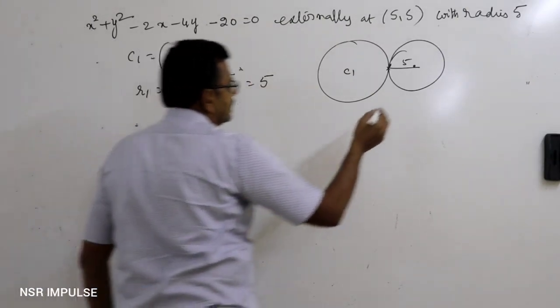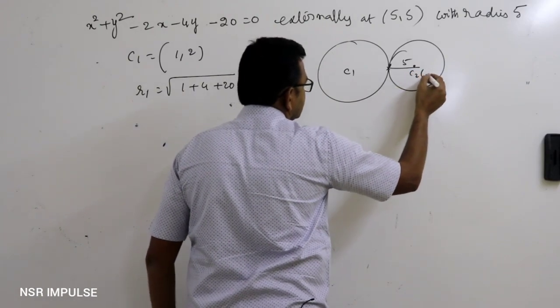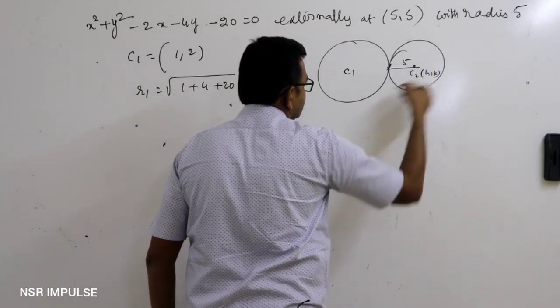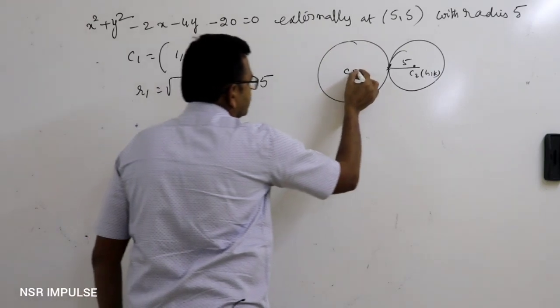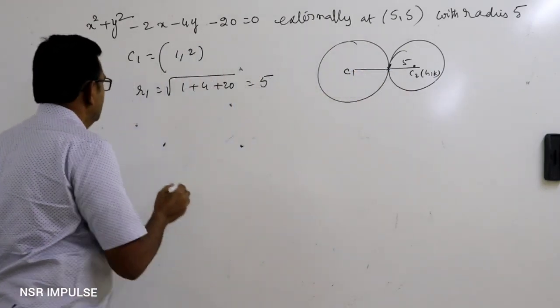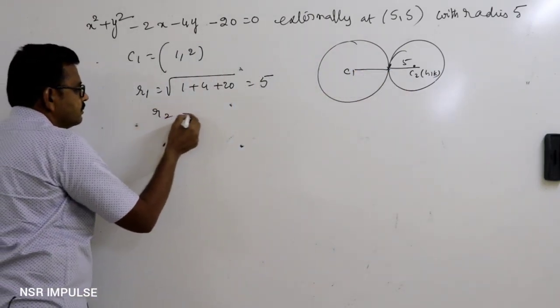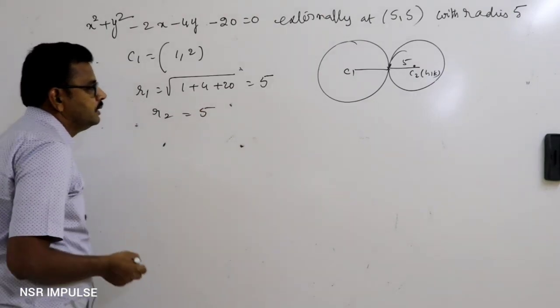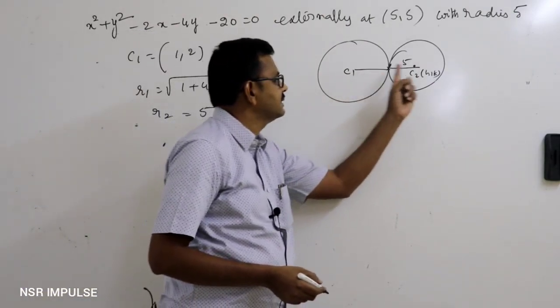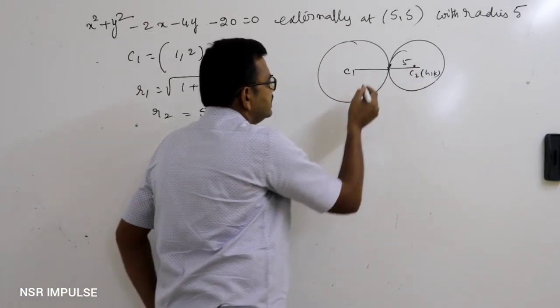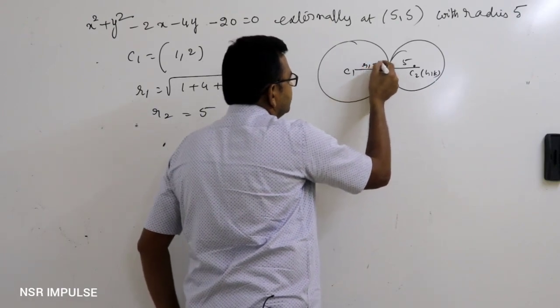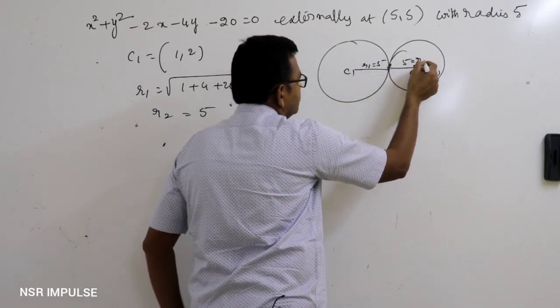And center of second circle C2, let it be some h comma k. So R2 is also equal to 5. The two circles touch externally. So R1 is 5, R2 is also equal to 5.